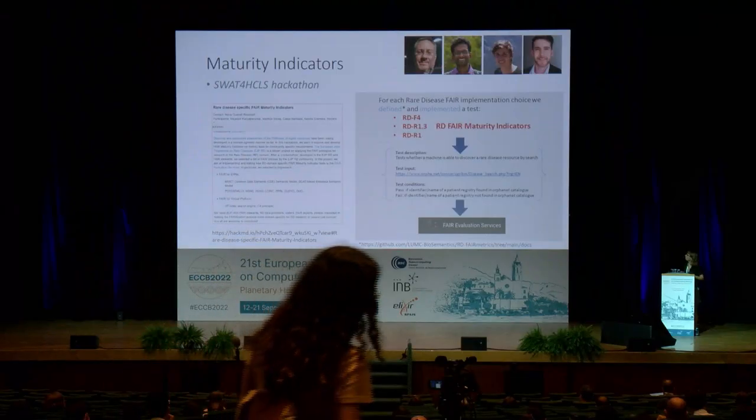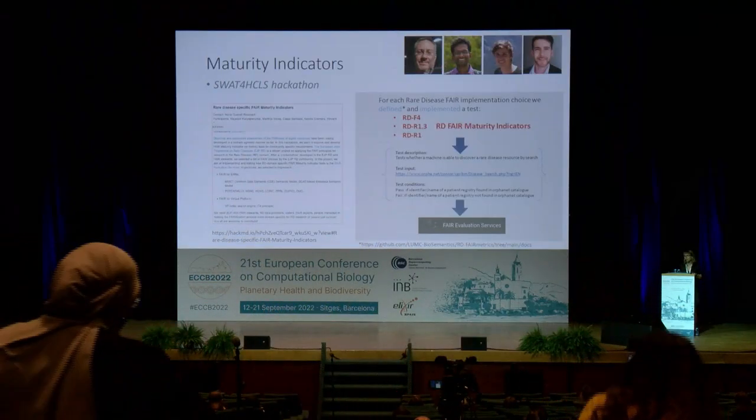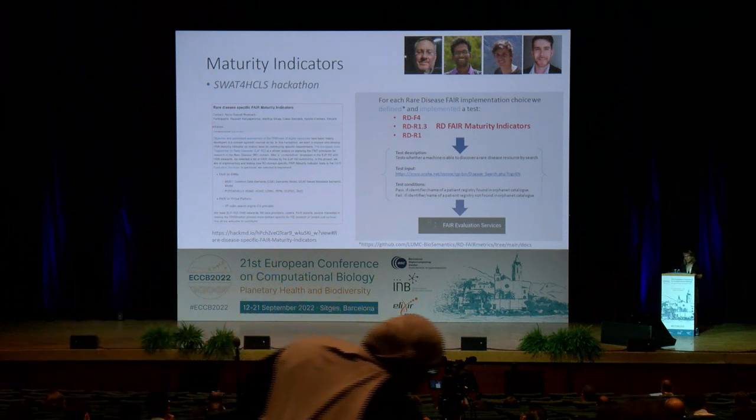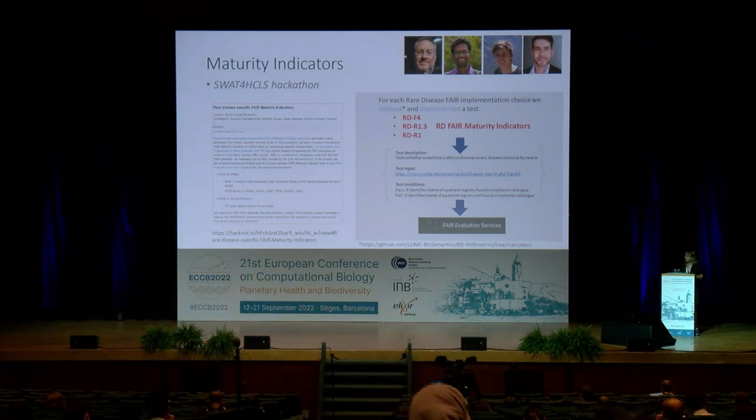And then we also implemented the reusability one, testing if your resource is using standards already recognized by the IRDiRC rare disease community, which in that case were ORDO, the Orphanet Rare Disease Ontology, and HPO, the Human Phenotype Ontology. So this is openly available on GitHub.